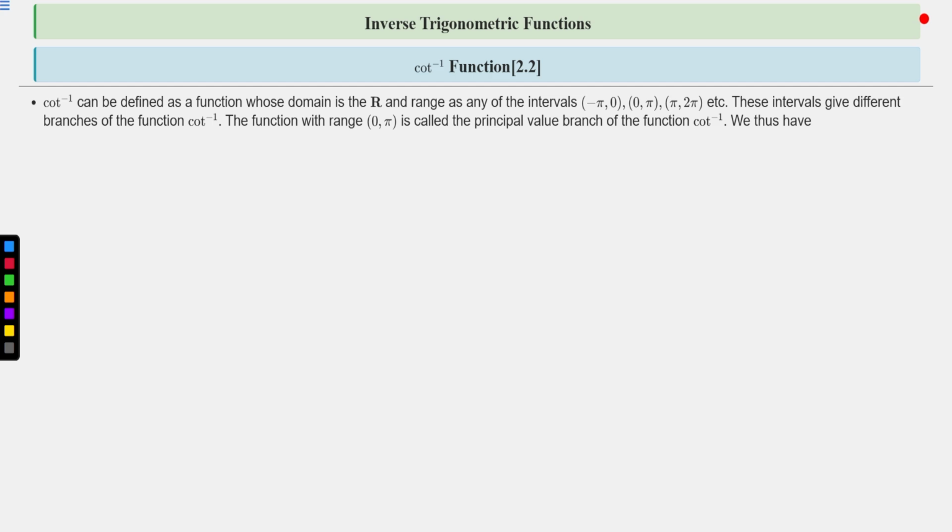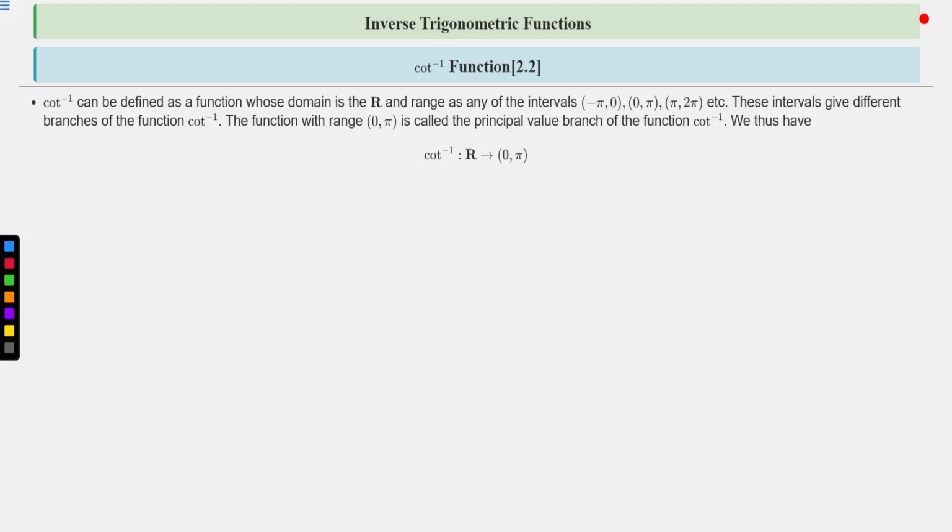So we can say that cot inverse is defined from all real values to the open interval 0 to pi, because cot theta will not be defined at any multiple of pi, that is, at 0 and pi.